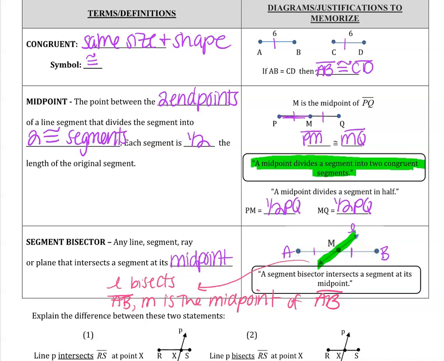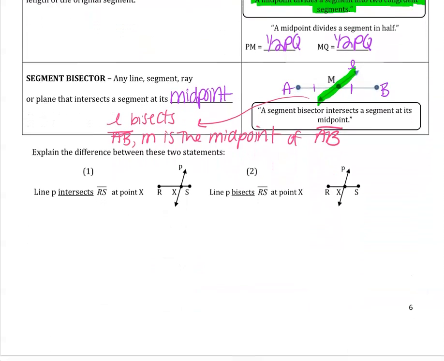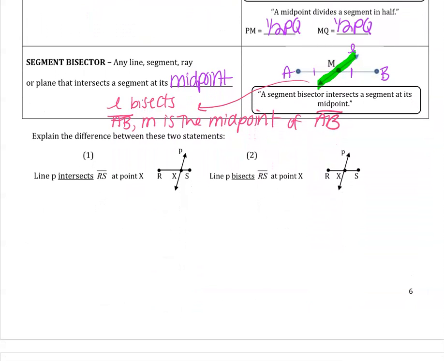All right, so what is the difference between intersects and bisects? Because this is really important to know. If I say that line P intersects RS at point X, like this diagram shows, that means X could be anywhere on this line segment. But as soon as I change it to line P bisects RS at point X, that means that X specifically has to be a midpoint, and a midpoint divides a segment into two congruent segments.